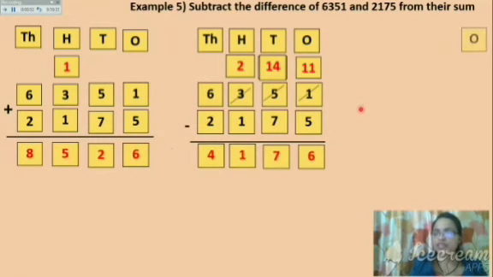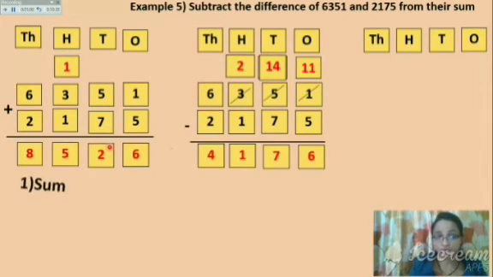Now the first process, what have we done here? Sum. And the second process, what have we done? Difference. Now our next process is subtract. Subtract the difference, whatever you are finding, from their sum.